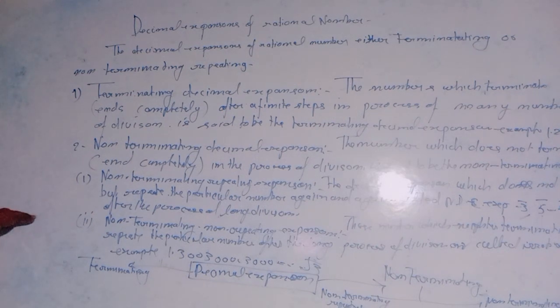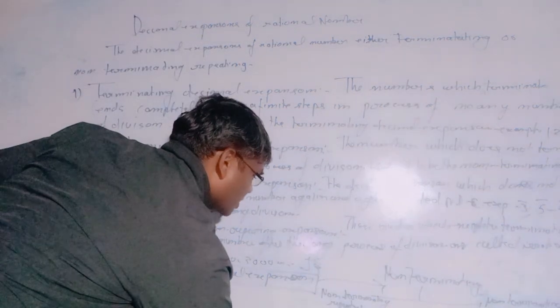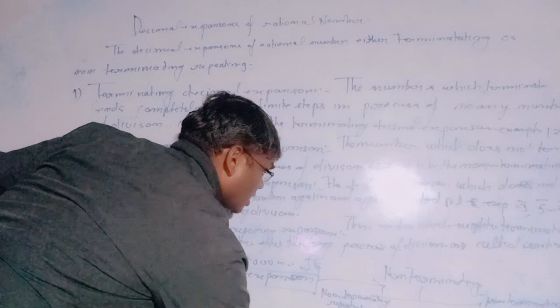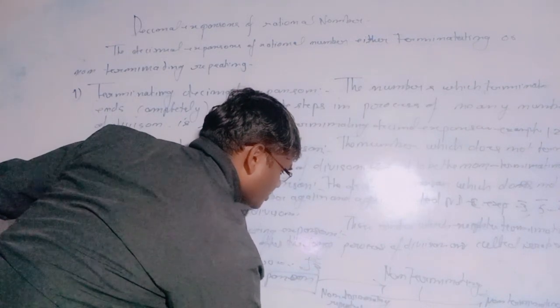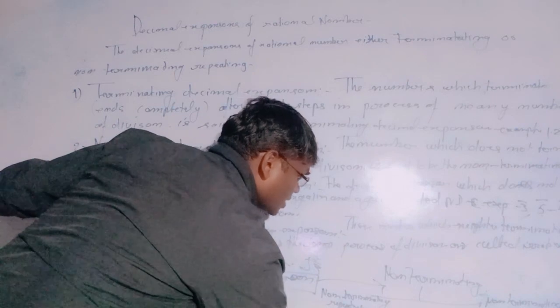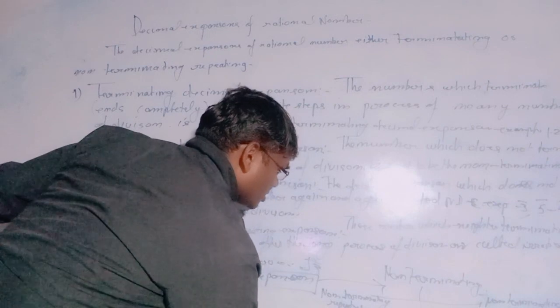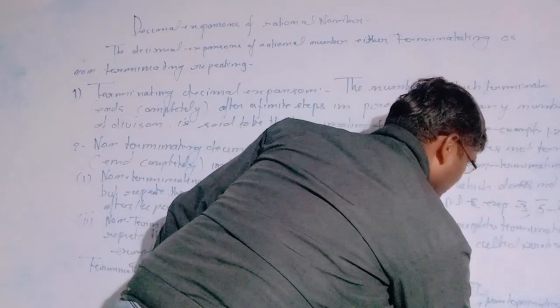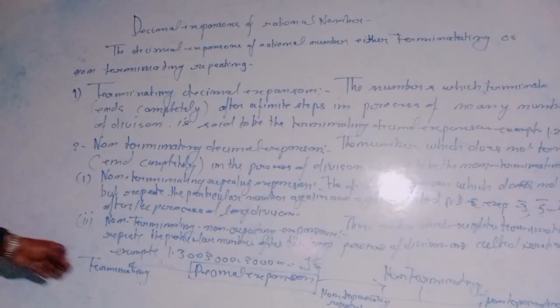Terminating and non-terminating repeating are rational numbers. It is said to be a rational number. But the second, non-terminating non-repeating, is irrational numbers.